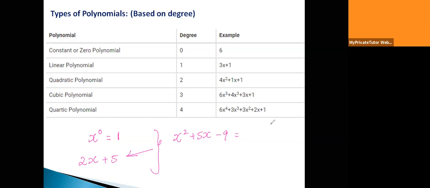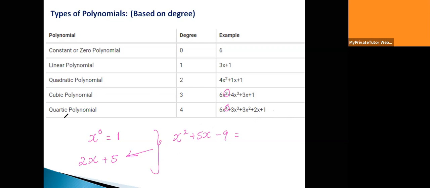You can say quadratic function, but that is a polynomial. And if we have 3 as a degree, then it is a cubic polynomial. If we have 4 as a degree, then we call it a quartic polynomial.